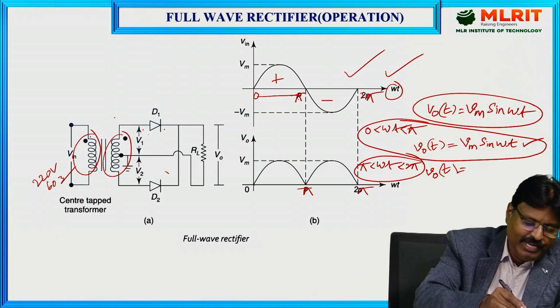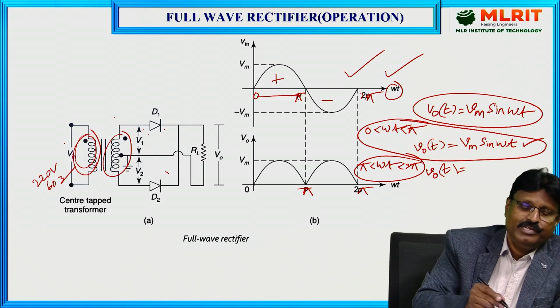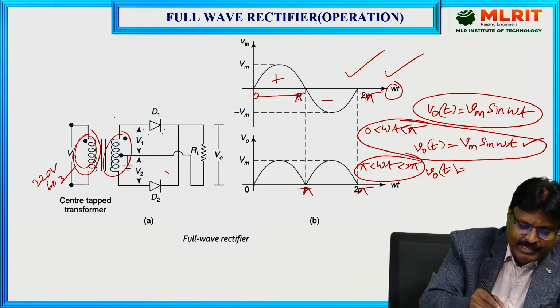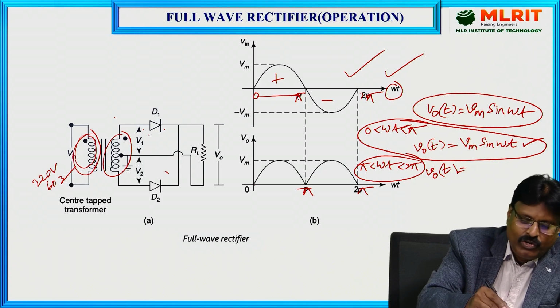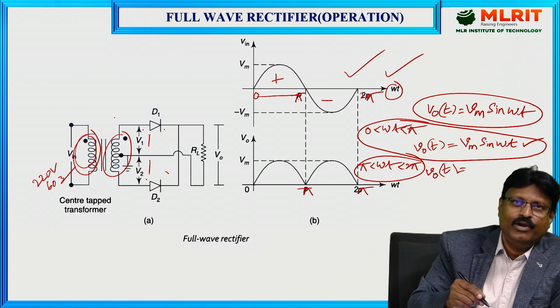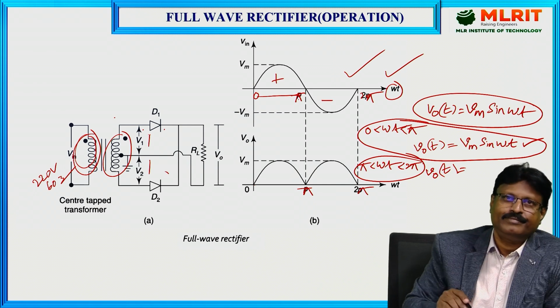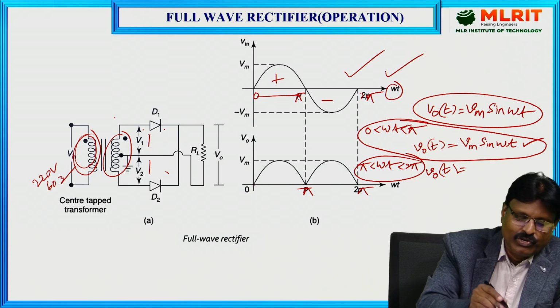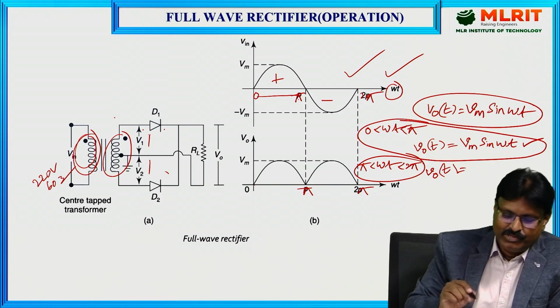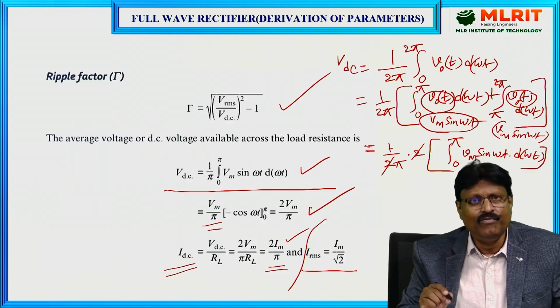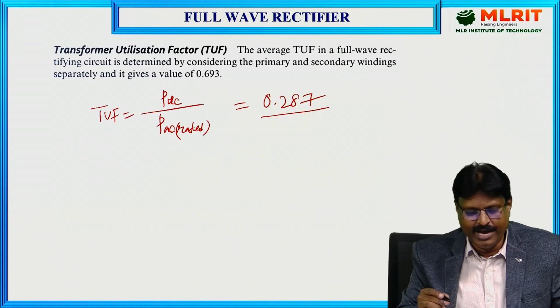As you can see, the primary winding is driving two halves, upper half and lower half. Two halves which are like a half wave rectifier. That means it is driving two half wave rectifiers. So here the TUF value of primary we can write directly.